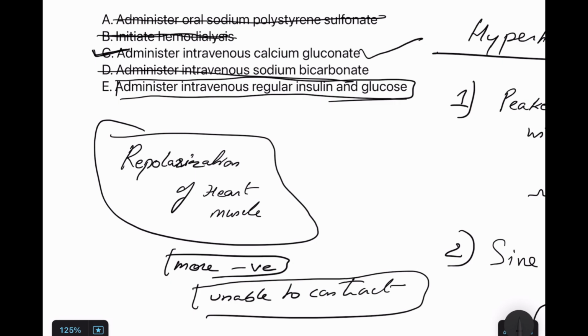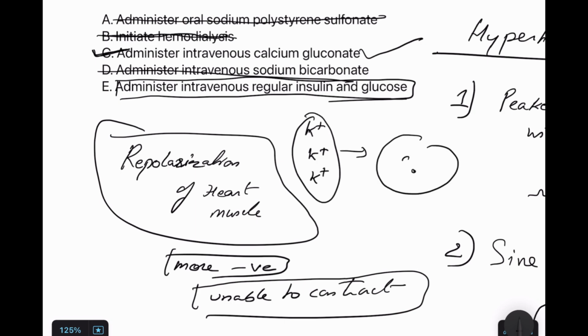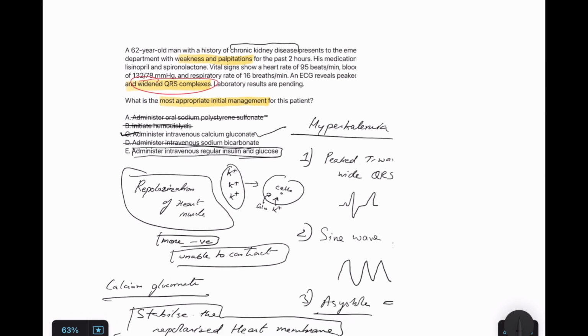What that is going to do is push whatever free potassium is roaming in the body back into the cells, because when you give insulin and glucose, insulin is going to make glucose go inside the cell, and once glucose goes inside the cell, along with glucose, potassium will also go inside the cell. So overall, outside the cell, the potassium is going to decrease. So this is the treatment of hyperkalemia.